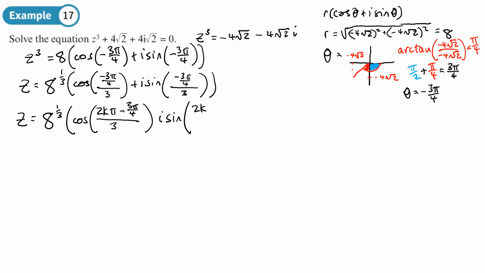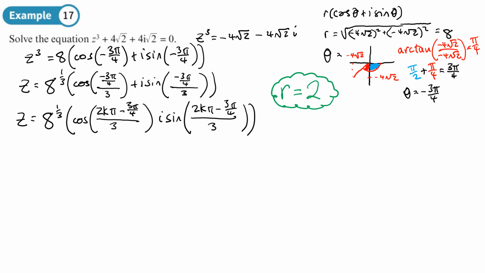Okay, so let's work r out. r is going to be the cube root of 8, so r is 2, so we can set that aside. That's going to be in front of all of our answers at the end.